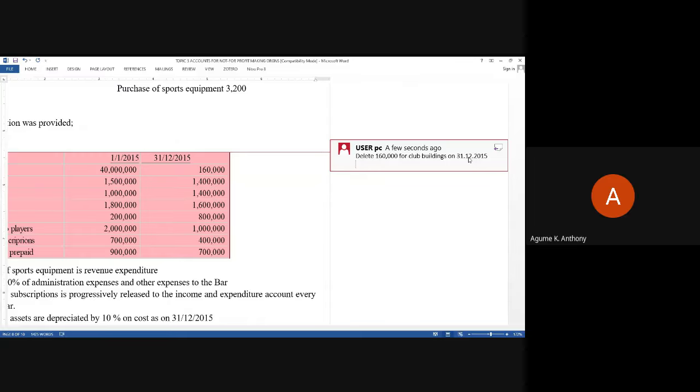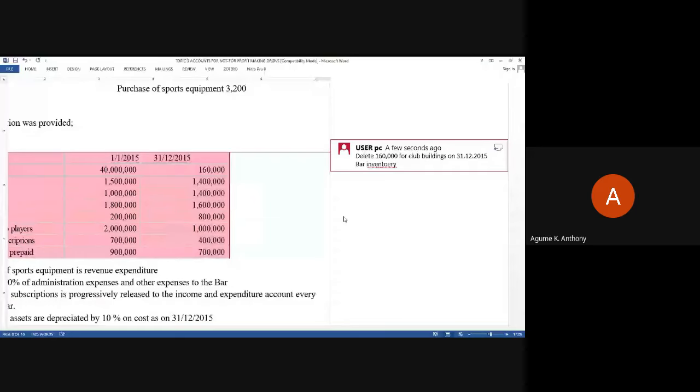Then by inventory at the end, on 1st December 2015 is 2.5 million. Inventory is 2.5, not 1.4 million.